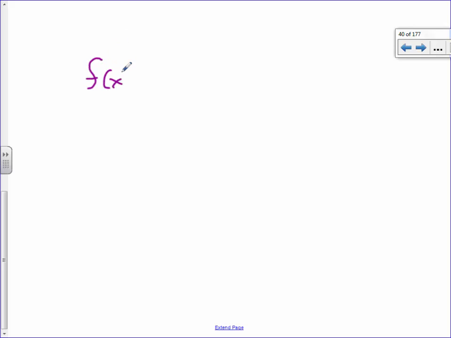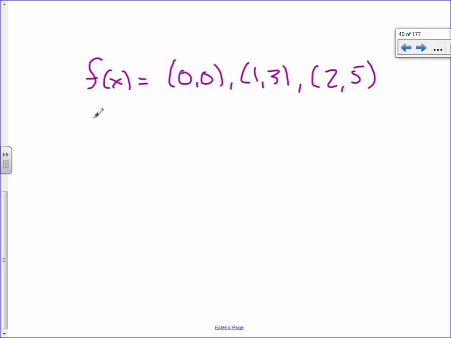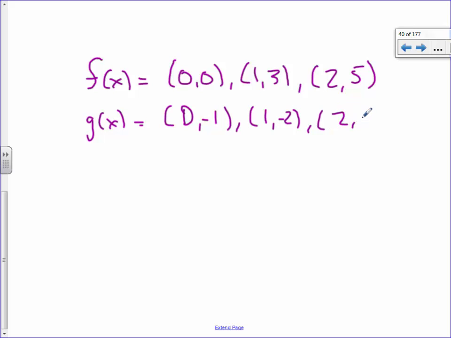So let's pretend that f of x was made up of these points here: (0, 0), (1, 3), and (2, 5). And let's pretend that g of x was made up of (0, -1), (1, -2), and (2, 7).